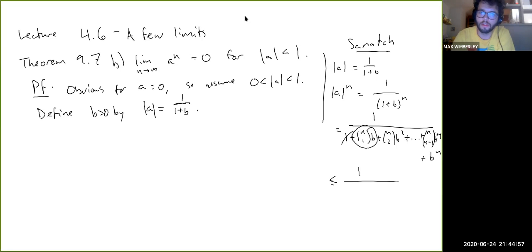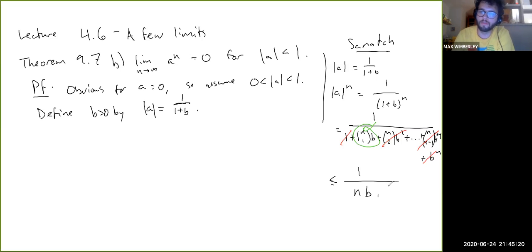Actually, let me do that in red just to make it visually clear. Okay. So now, n choose 1 is just n. So this is nb.